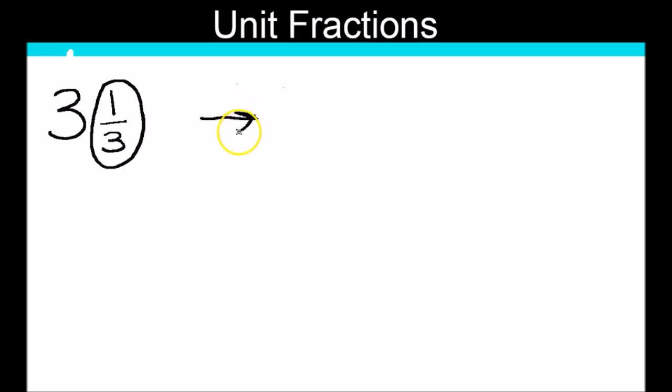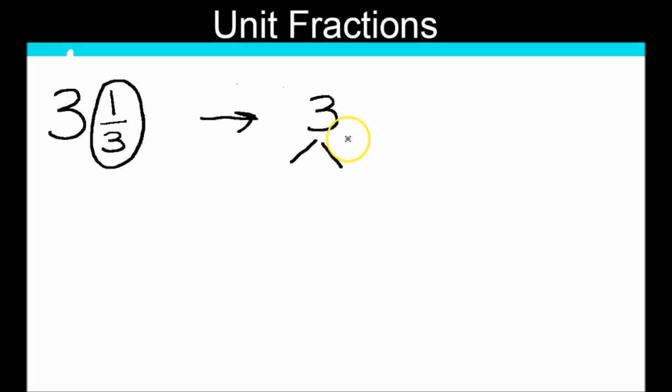Say, for instance, I have 3 and 1/3. Let me get my pen tool. Now in 4th and 5th grade, we do a lot of converting improper fractions to mixed numbers and mixed numbers to improper fractions. If a student understands that 1/3 is the unit fraction, then they understand that there are 1/3 in this whole number 3. So let's decompose the whole number 3.